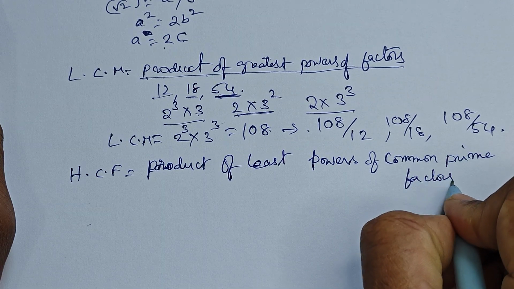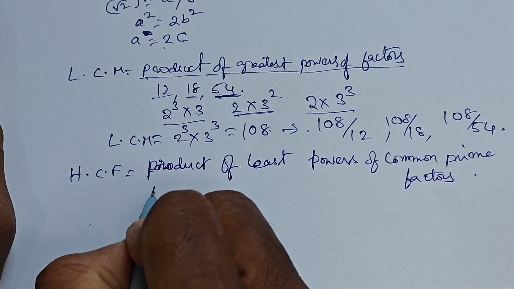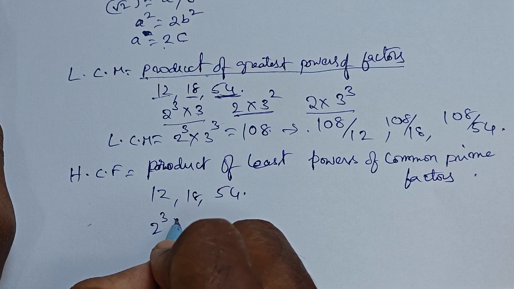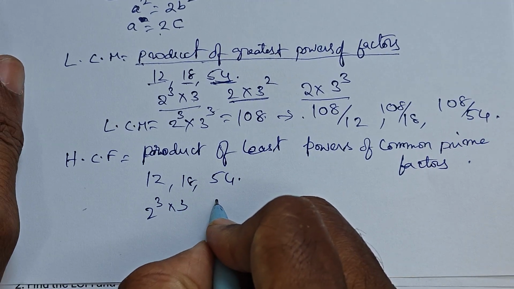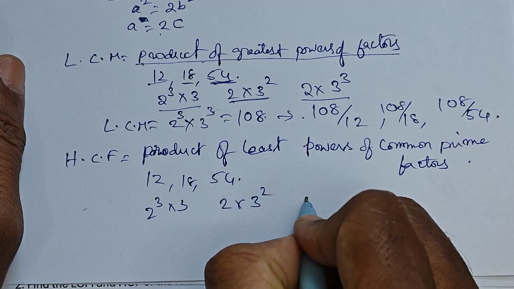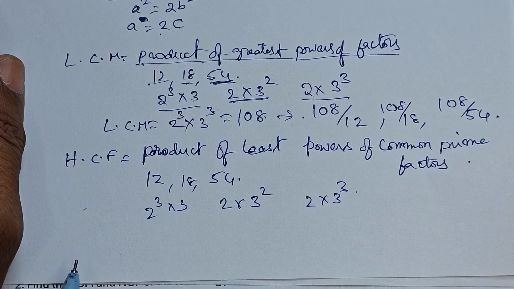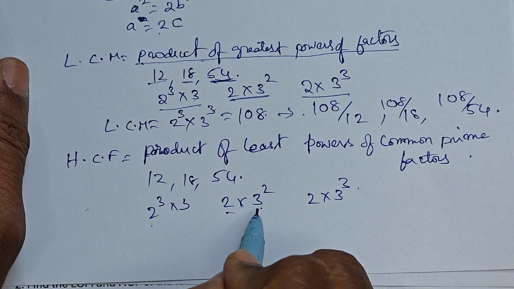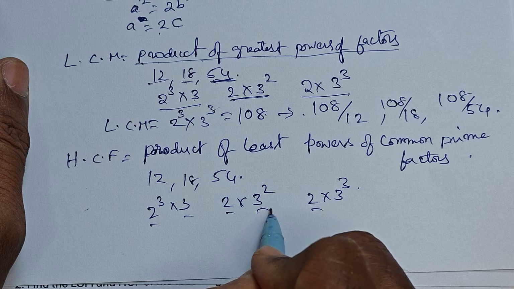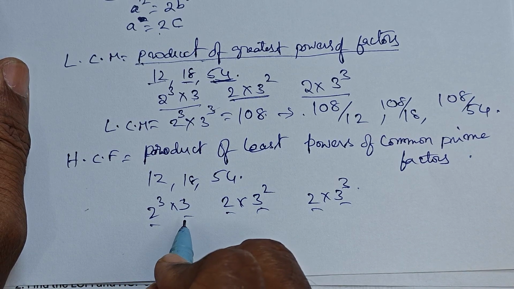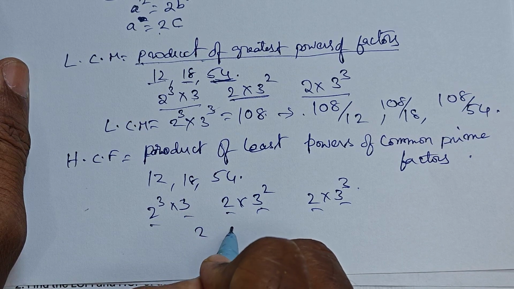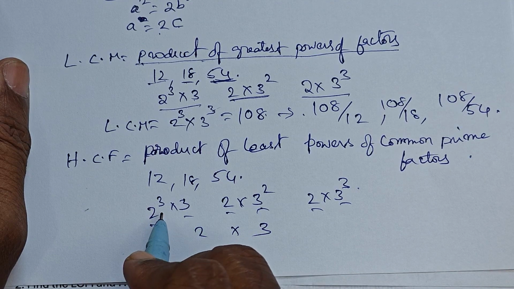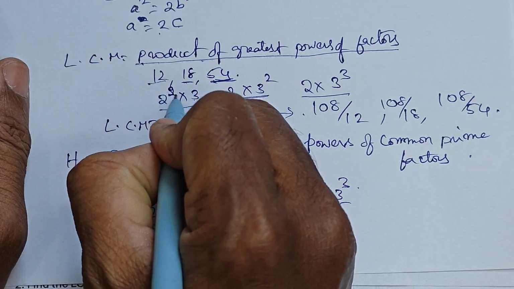So for the same 12, 18 and 54, we have 2 square into 3, 2 into 3 square, 2 into 3 cube. In this case, the common prime factors in all three are 2 and 3. 2 is there in all three, 3 is also present in all three numbers. So here we need to take the least powers for 2 and 3. For 2 it is a cube or square, I think it's a square. That's okay.